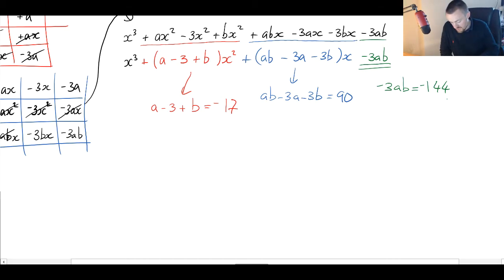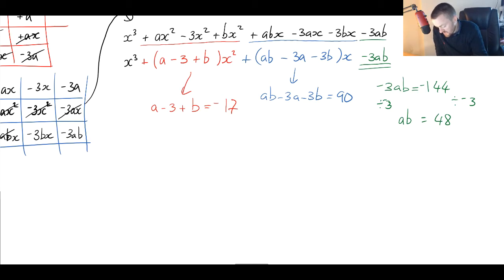So if I just did negative 144 divided by negative 3, divide that side by negative 3 as well, I know that ab will equal 48. So I know that whatever my values of a and b are, when I multiply them together, I get 48.